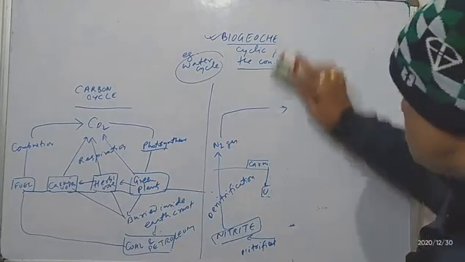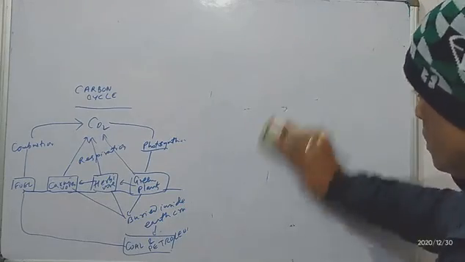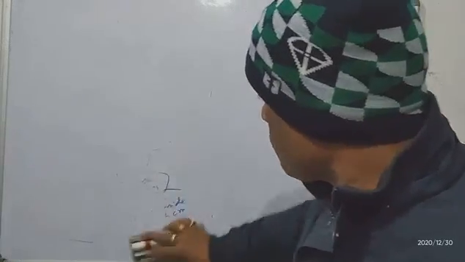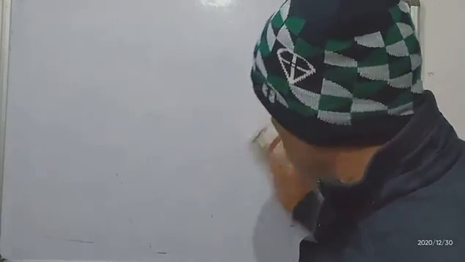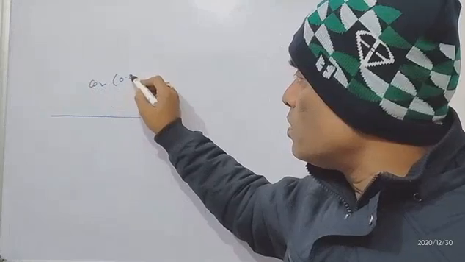The next major important thing about nature: I am coming back to the natural resource air. In air, I have just now talked about the presence of carbon dioxide that is so important. In the atmosphere, the CO2 is present at 0.03%.